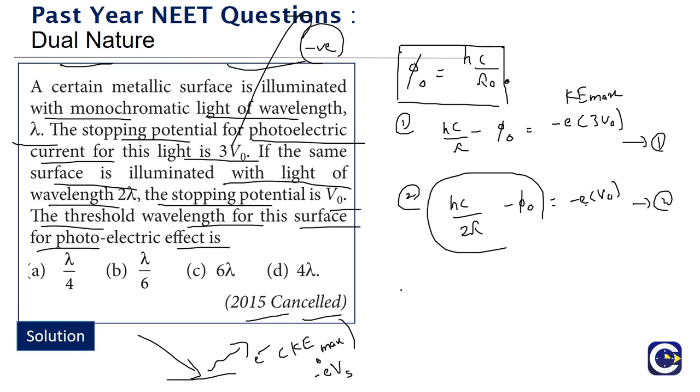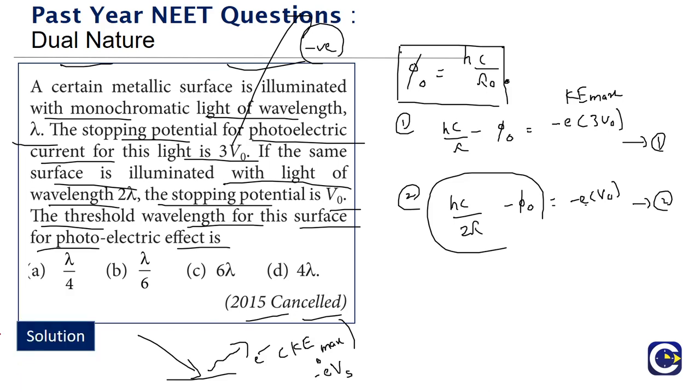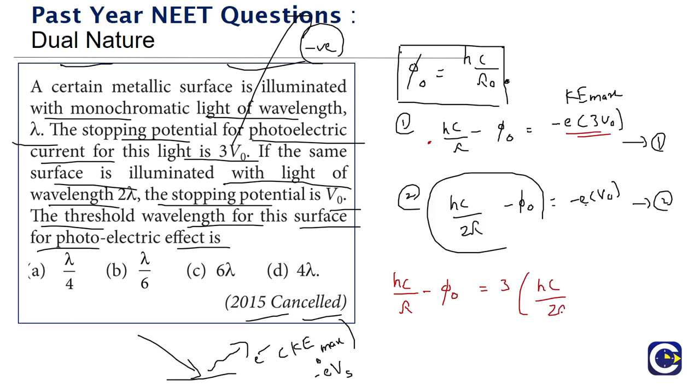The left hand side of the first equation will be as it is: hc by lambda minus the work function, is equal to the right hand side, 3 times of minus e into V0. So what is minus e into V0? It is hc by 2 lambda minus the work function.